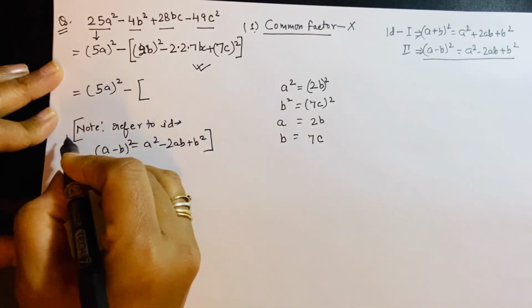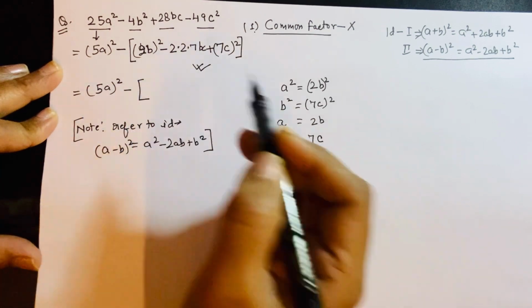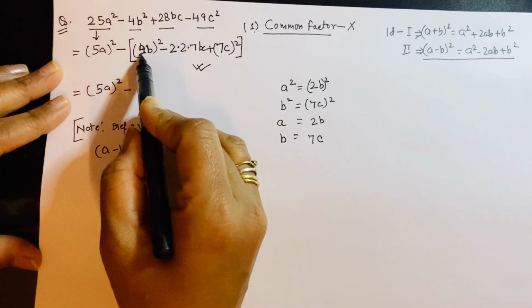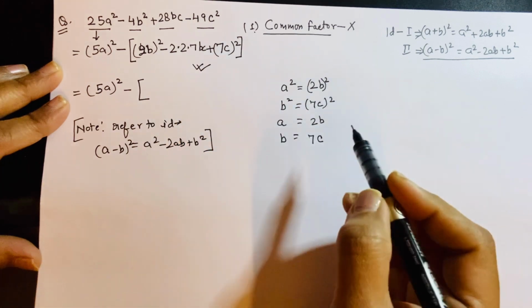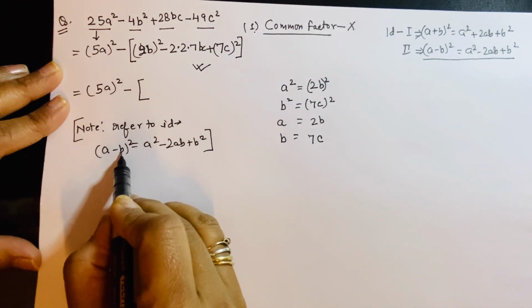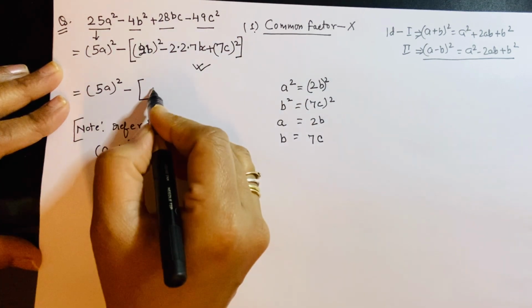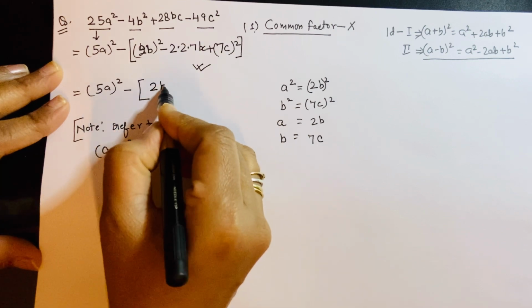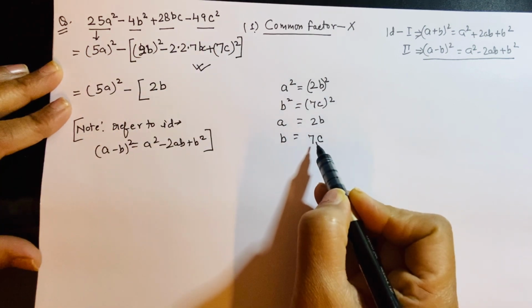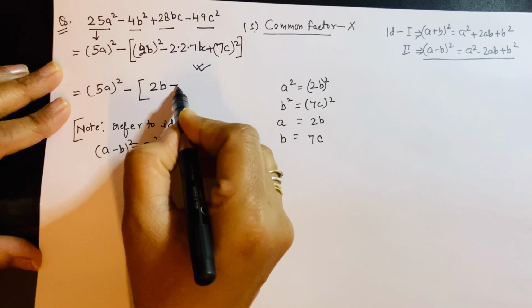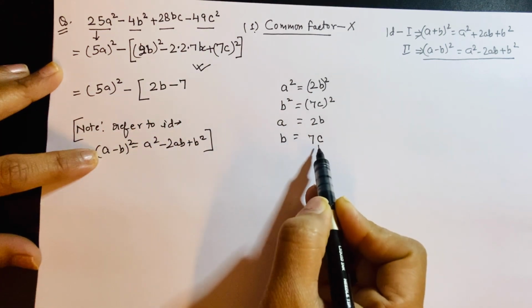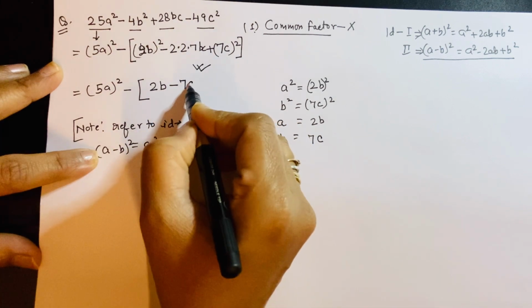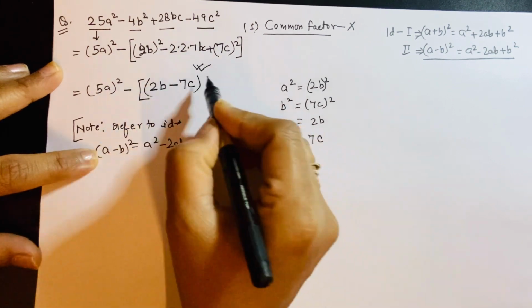So you can write it as a note here and then solve it. So this will be a square minus 2ab plus b square. So how will you write it in the form of a minus b whole square? So what is a? A is 2b. What is b here? B will be minus 7c, b whole square. So b is minus 7c, minus 7c whole square.